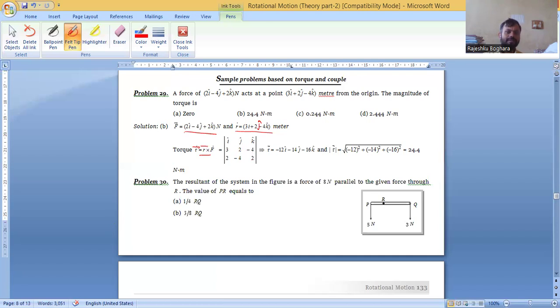For i: 2 into 2 is 4, minus the multiplication of the other two, so 4 minus 16 means minus 12. For minus j: 3 into 2 is 6, minus minus becomes plus 8, 4 into 2 is 8, so minus 14 j. For k: 3 into minus 4 is minus 12, minus 4, so minus 16 k. Now the magnitude of torque equals the square root of the addition of the squares of its components: minus 12 squared plus minus 14 squared plus minus 16 squared.